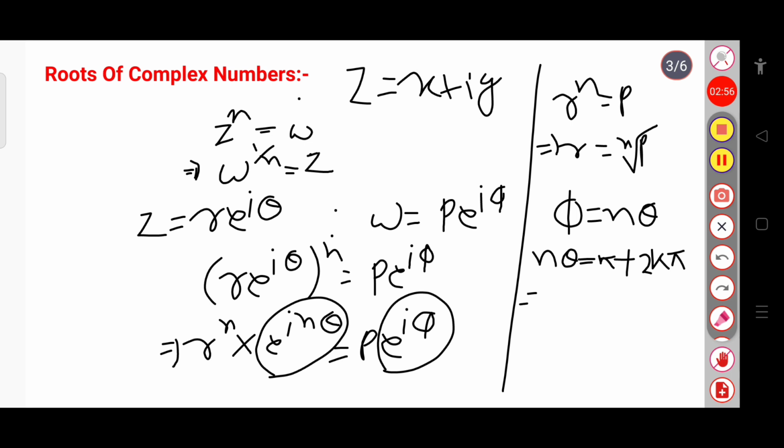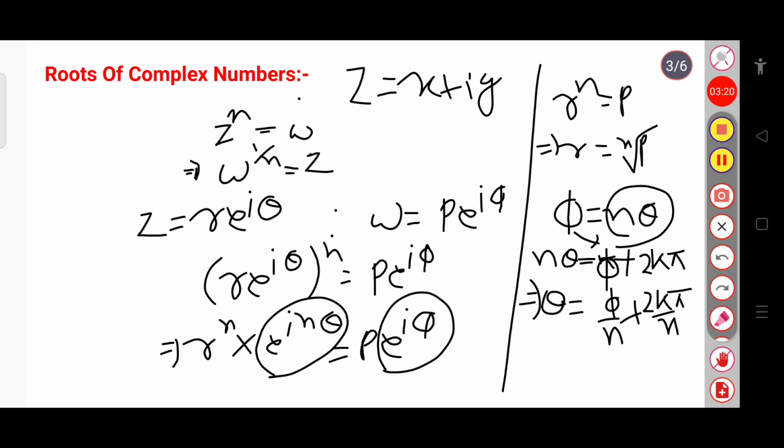So n theta equals phi plus 2k pi. Dividing both sides by n, theta will be equal to phi by n plus 2k pi by n.